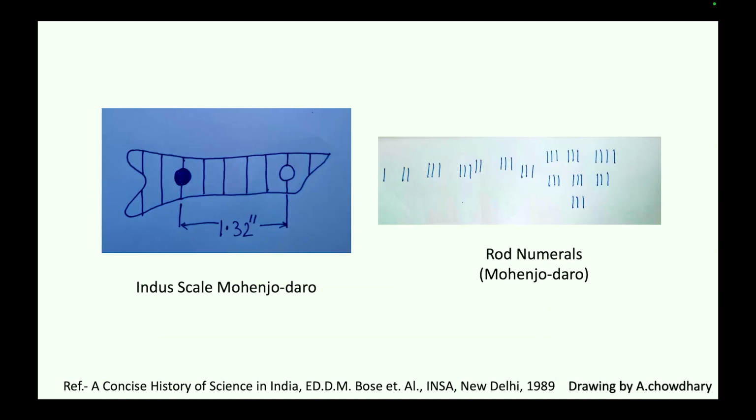See the slide where the Indus scale, reported from Mohenjo-daro, is a very important scale, and fragments of scale have been reported from Mohenjo-daro. It was made of shell, measuring 6.62 centimeters in length by 0.62 centimeter.